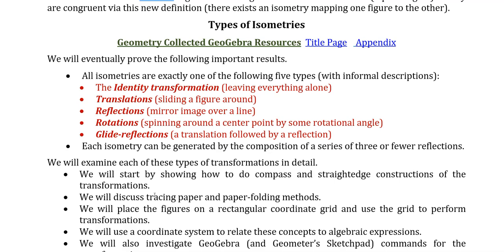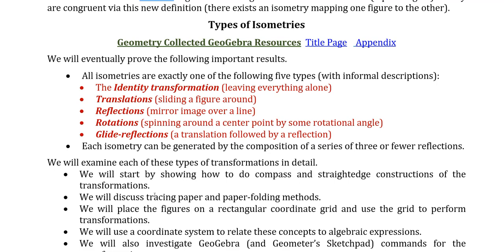A translation, where you basically just slide a figure around. A reflection, that's a mirror image over a line. A rotation, spinning about a center point by some rotational angle. Or a glide reflection, a translation followed by a reflection. So it turns out that every isometry has to be exactly one of those 5 types.